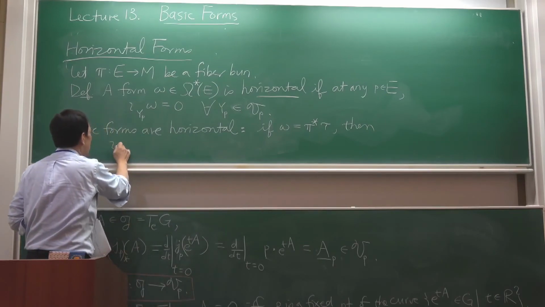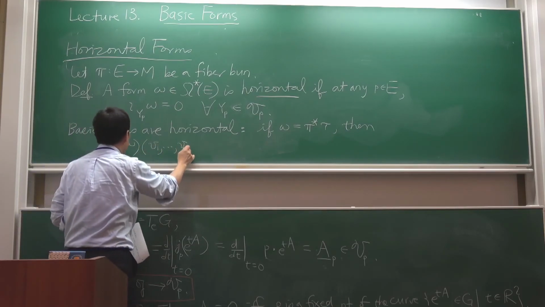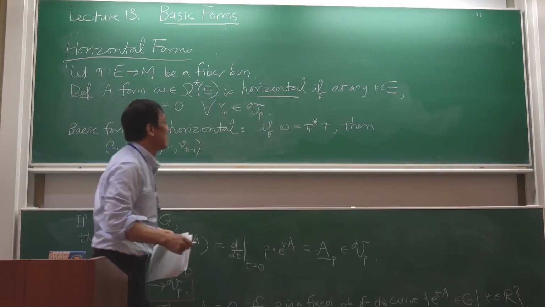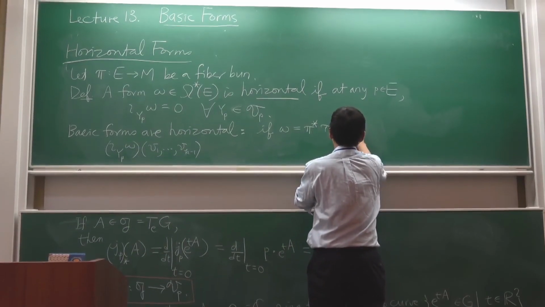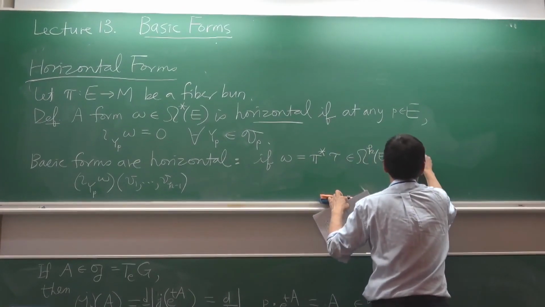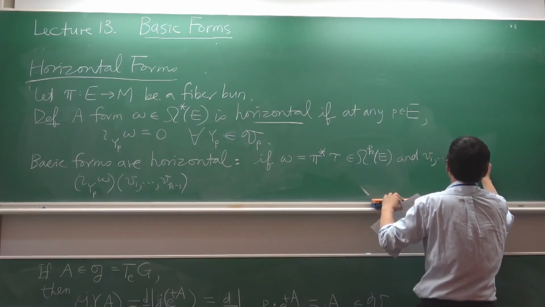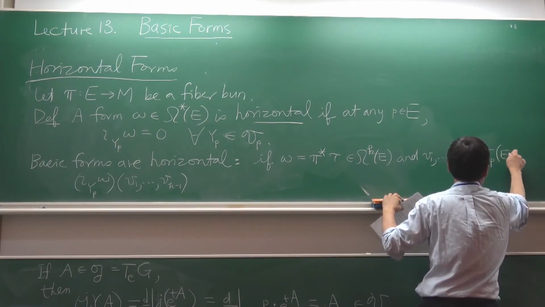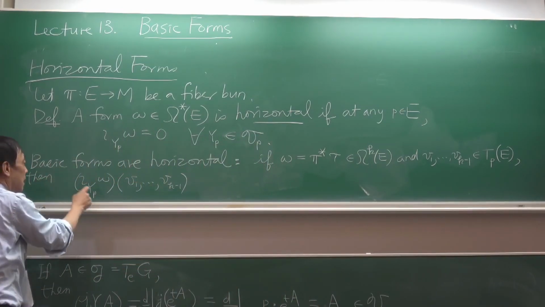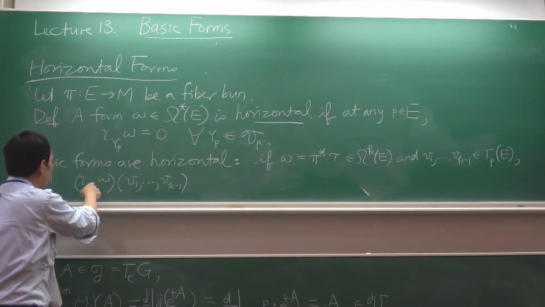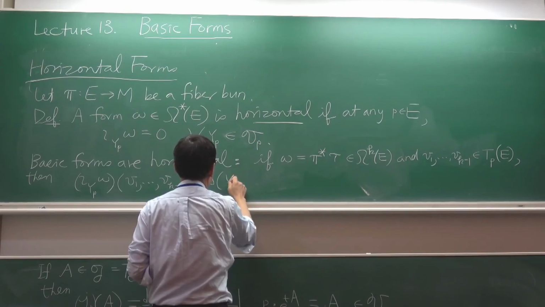So suppose omega is a K form on E, and V1 to Vk minus 1 are tangent vectors at P. Then you apply IYP to omega, and that means the first argument is yp.